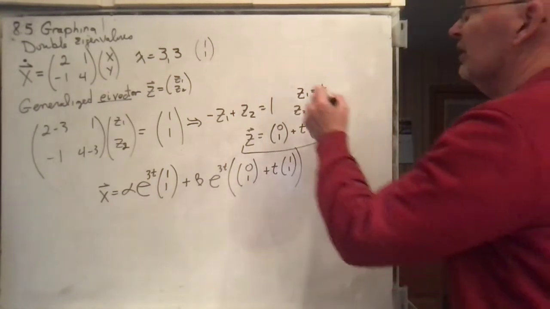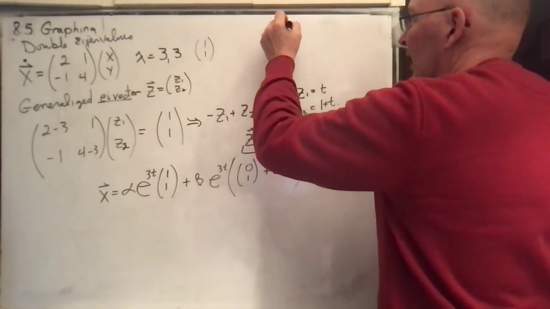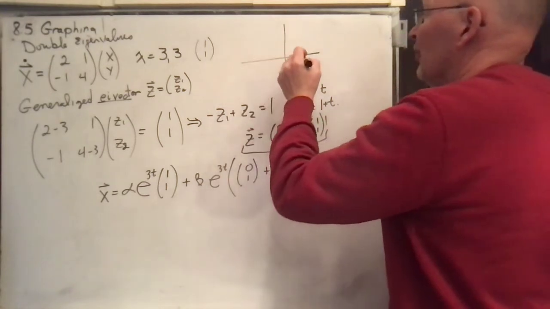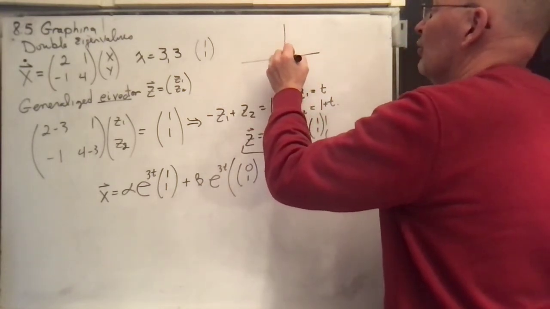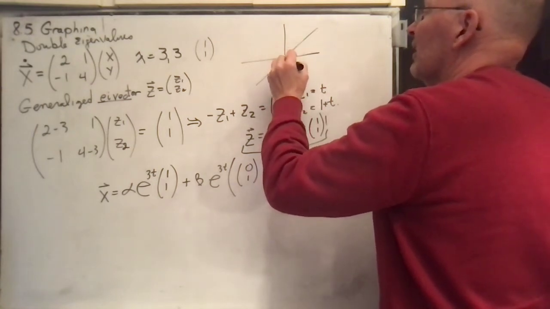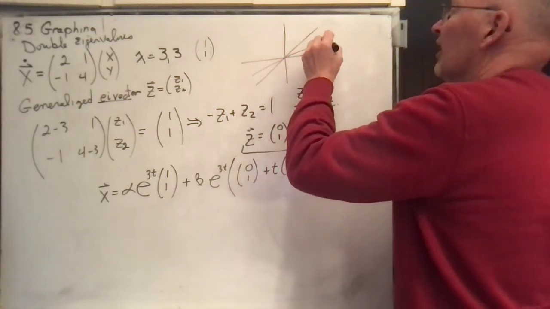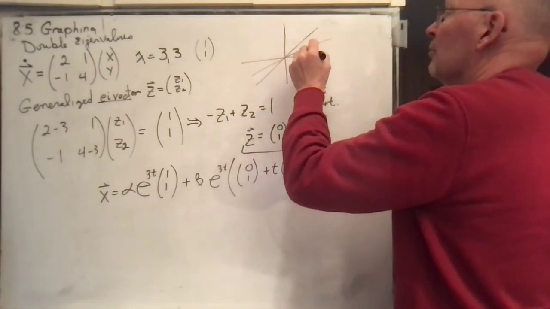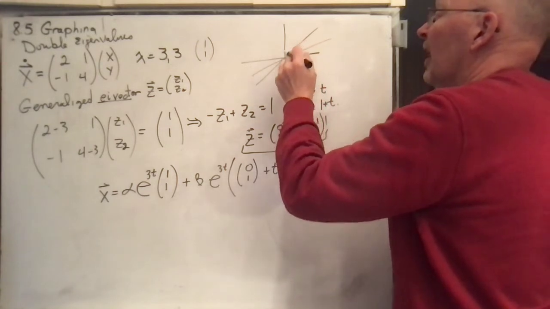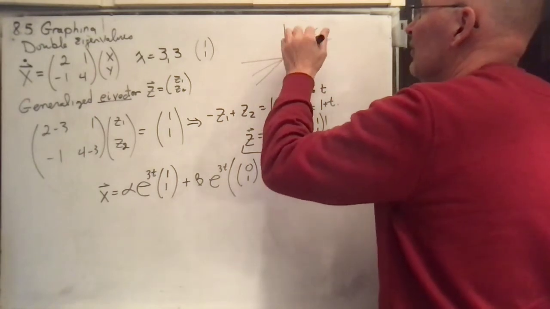Again, I'm not going to go through all the details here, but this is kind of like the node that we had at the beginning. In the nodes at the beginning, we had two different eigenvectors. We had one like this, and one like this, and it came in along one and went out along the other. But now these are being squeezed down into just one.